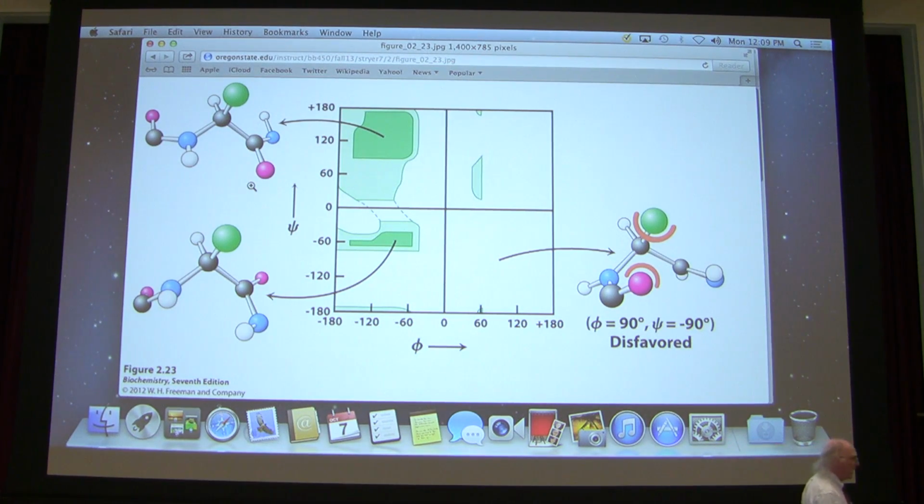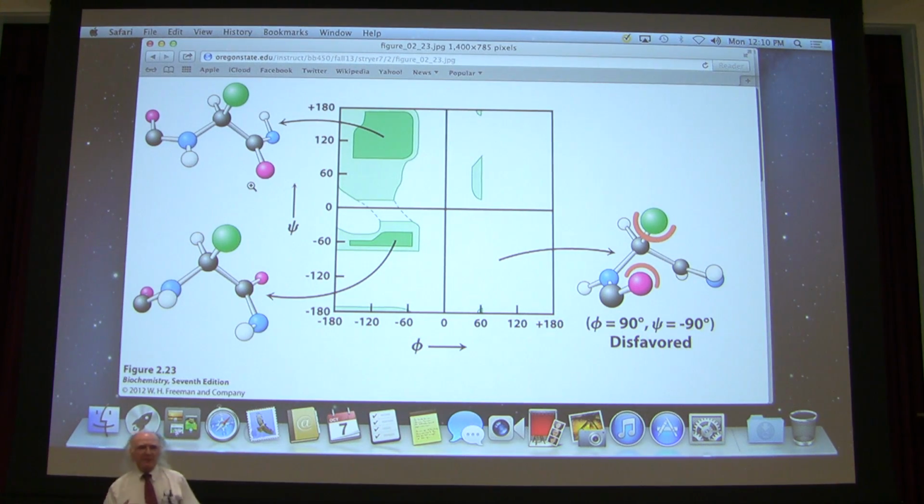Now we're going to see in just a little bit that some of those rotations correspond to very specific structures that are commonly found inside of proteins. That's kind of nice to know, that a theoretical plot matches up with what proteins actually have.